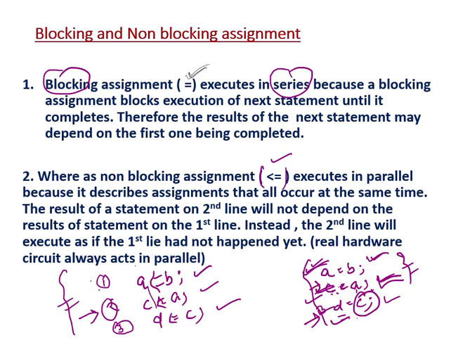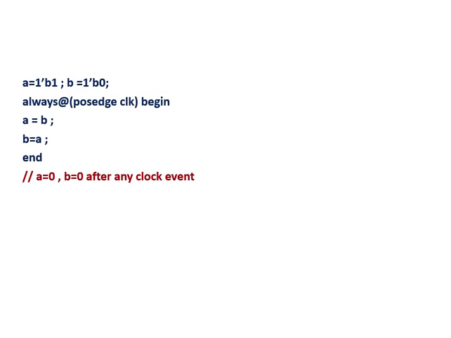It doesn't wait for previous data. So the real hardware implementation is done by the non-blocking assignment. If I write a equal to 1'b1, b equal to 1'b0, always @(posedge clock), begin, a equal to b, b equal to a, end.